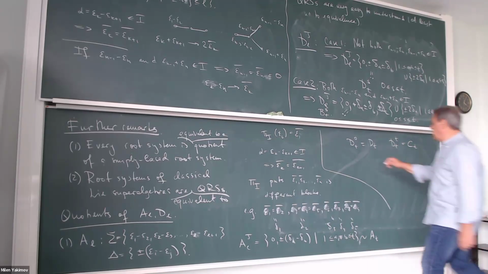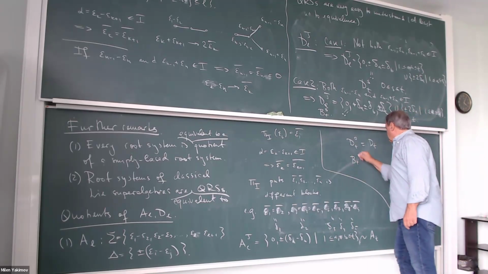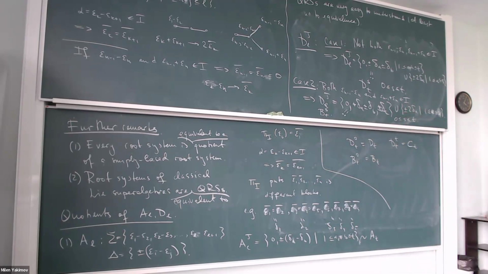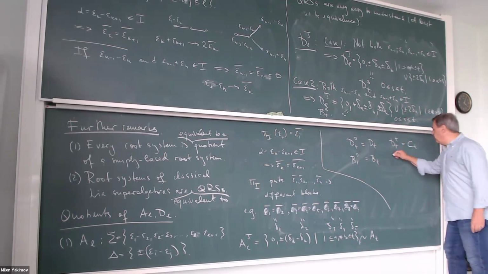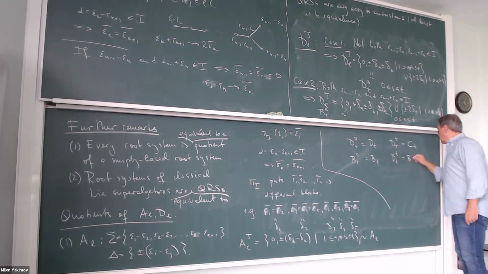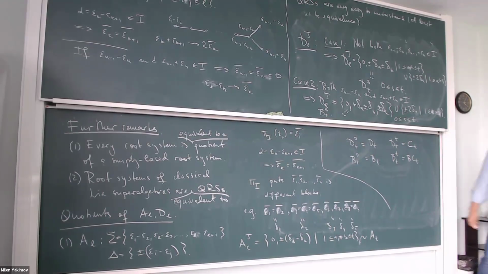If I take B, T, 0, this is B_T. And if I take B, T, T, this is BC_T. Remember, from the very beginning, I've been advocating that this is the enrichment root system and should not be discarded. So these are the endpoints.